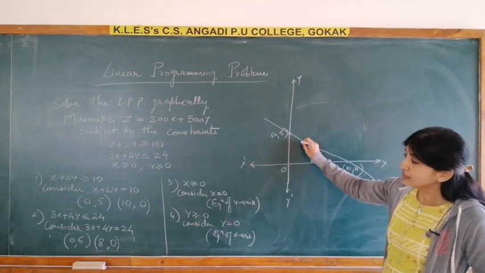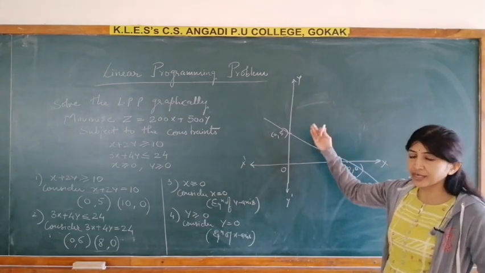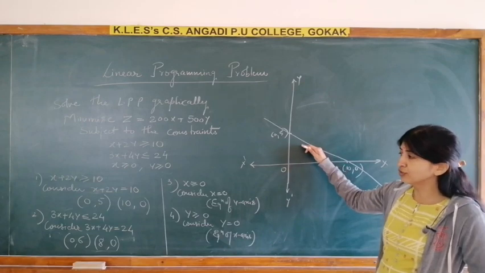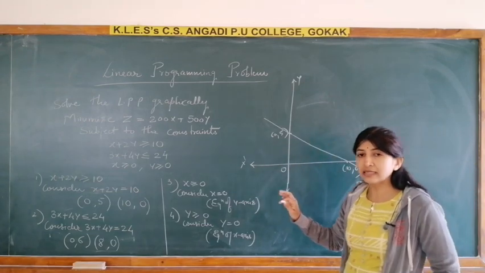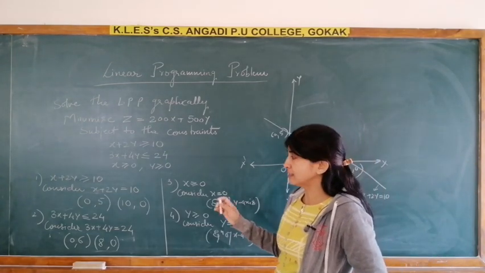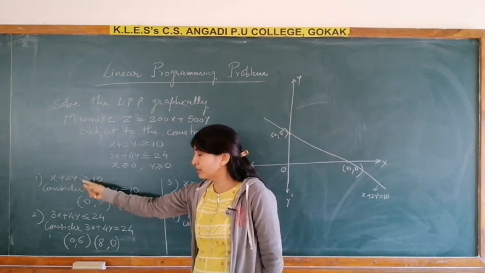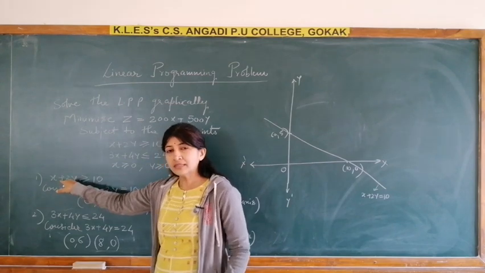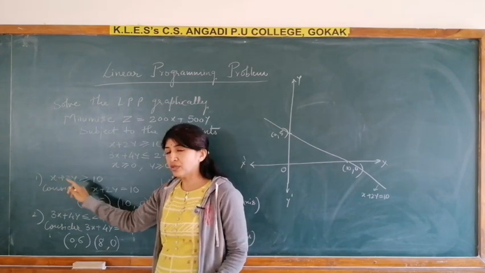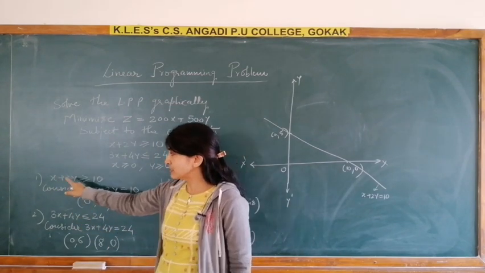Now here, which side we have to shade? For that I told you, always we have to consider the origin as the testing point. In this inequality, just orally you substitute the origin. Origin means x is 0, y is 0.